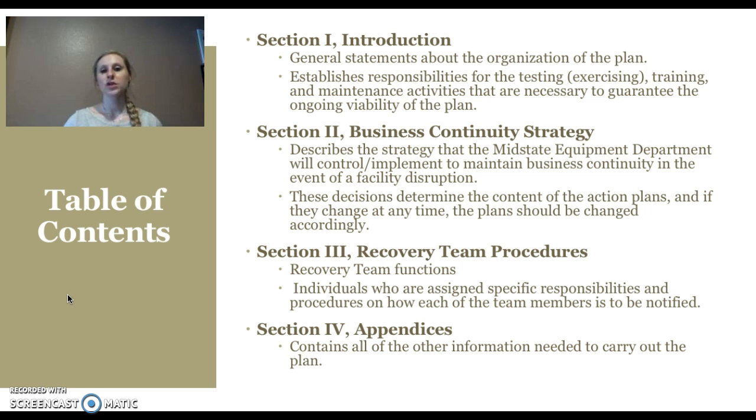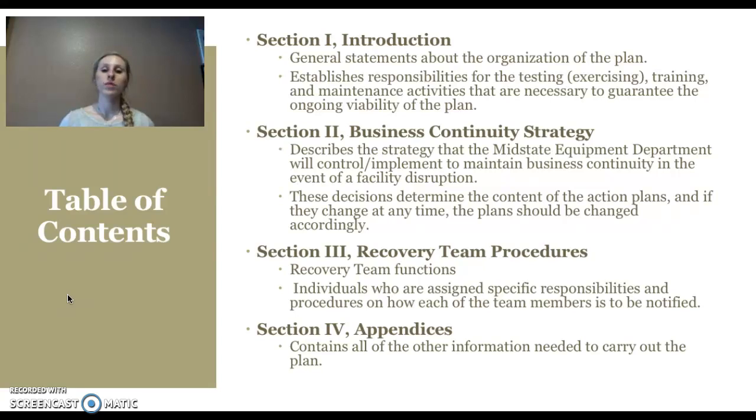The business continuity plan consists of 4 sections. The introduction provides general statements about the organization of the plan. It helps to establish responsibilities within the plan, such as testing, training, and maintaining the continuity plan. Section 2 provides the strategy that Midstate Equipment would implement to maintain the business continuity plan in the event of a facility's disruption.